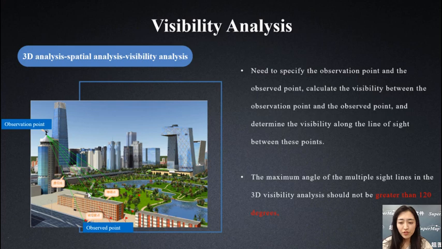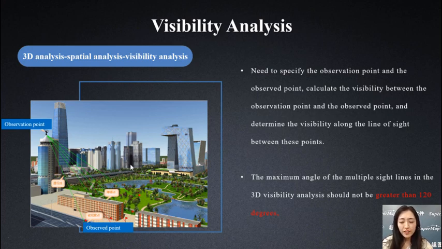According to the position of obstacles, it calculates the visibility between the observation point and the observed point, and determines the visibility along the line of sight. For example, if we go to a restaurant on the 19th floor of this building and want to see the whole view of the park, we can use this method to analyze.